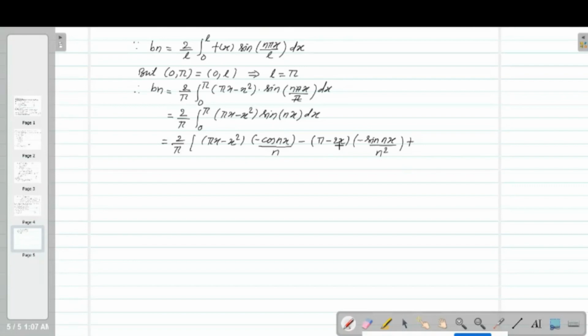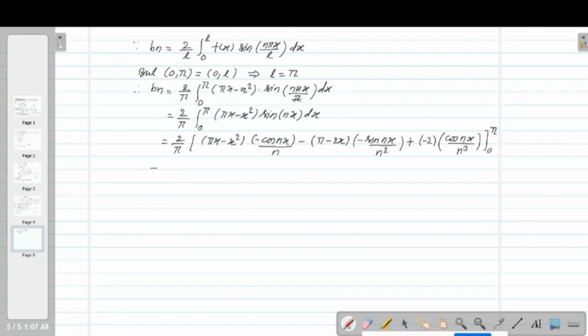Take the derivative of this. The derivative of the constant term is 0 and the derivative of 2x is 2, so the derivative of minus 2x is minus 2, and then the integration of this. The integration of sine is minus cos, but with the minus sign here it becomes plus. So this becomes cos n x by n square, with n already here, so this becomes n cube. Now apply the limits 0 to pi.